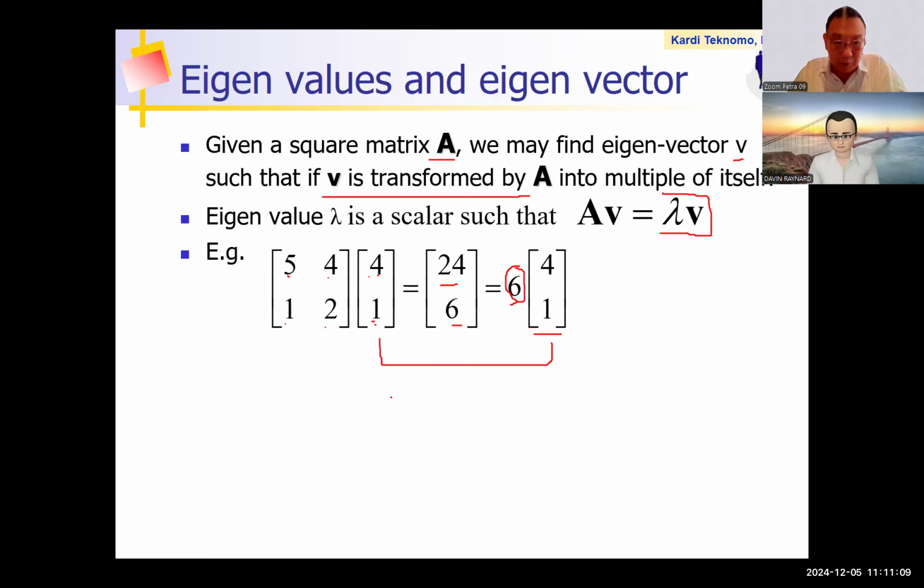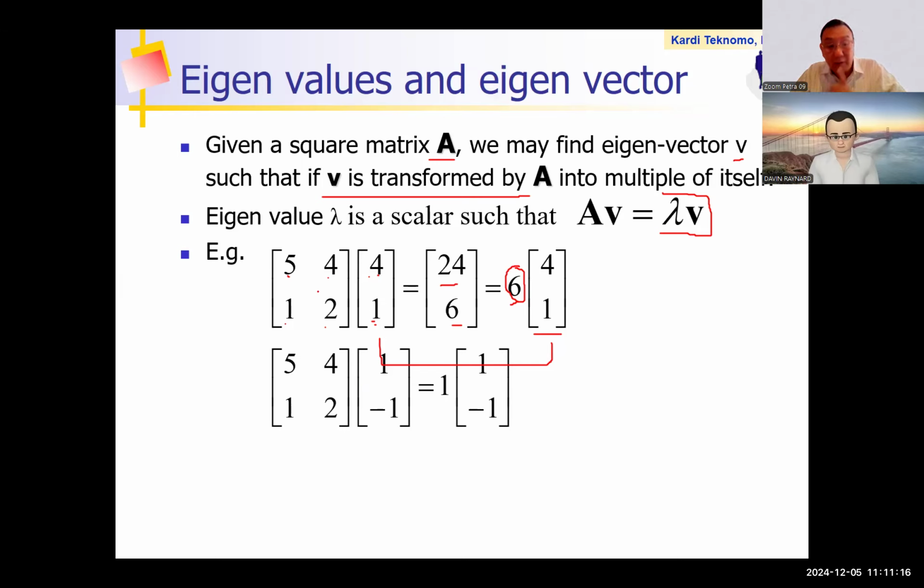This is the same matrix, and I can find another eigenvector and eigenvalue. In fact, if you have a 2 by 2 matrix, you will have 2 eigenvectors and 2 eigenvalues. If you have 3 by 3, you will have 3 eigenvectors and 3 eigenvalues, and so on. If you have 100 by 100, you will have 100 eigenvalues and 100 eigenvectors.